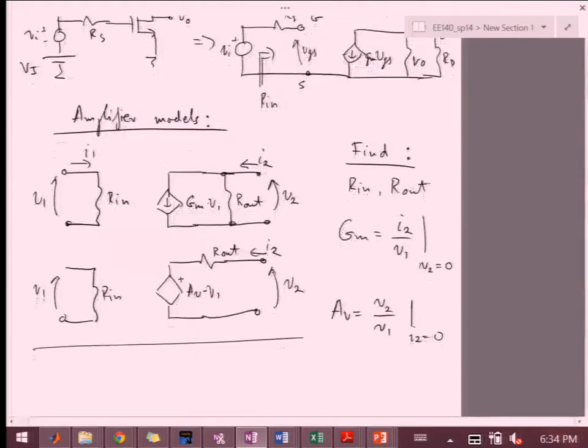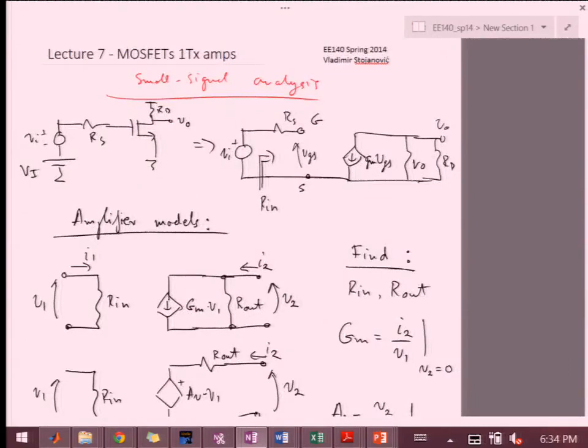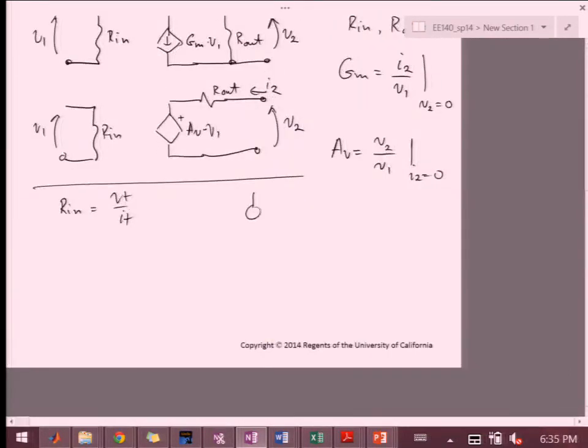Remember, when I say what is Rin, I'm really thinking V test over I test. If I put a voltage source VT, there's not going to be any current because it's seeing this open from gate to source. So the network will be V test into RS into open, and therefore IT equals 0.